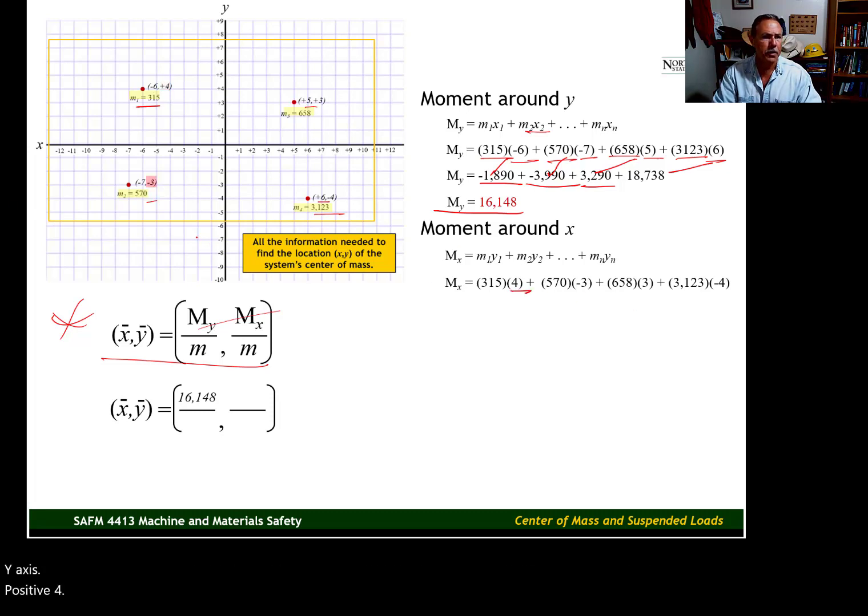For component 2, mass 570, distance from the y-axis, -3. For component 3, 658, distance from the y-axis, 3. And for the last component, 3123 is our mass, and distance from the y-axis is -4.